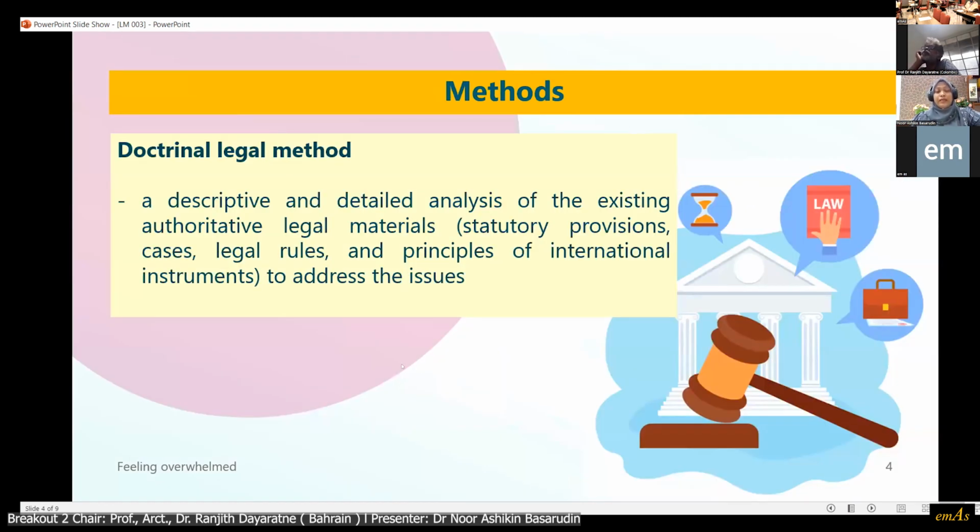Okay, so the method I use in this study is a doctrinal legal method, whereby the authoritative legal material, including statutory provisions, cases, legal rules, and principles of international instruments, is being analyzed and described in detail to address the issues.